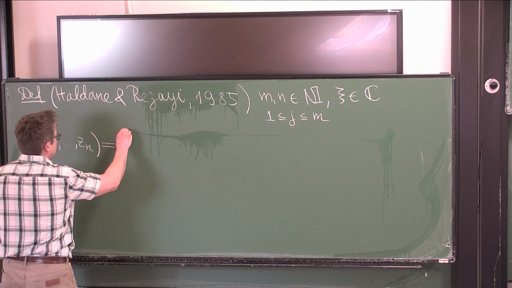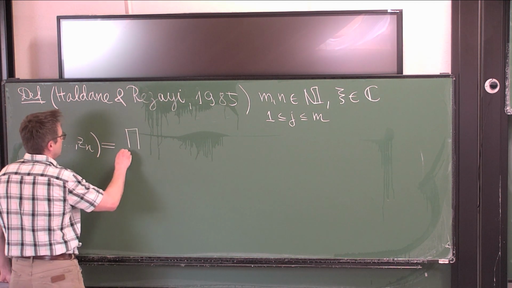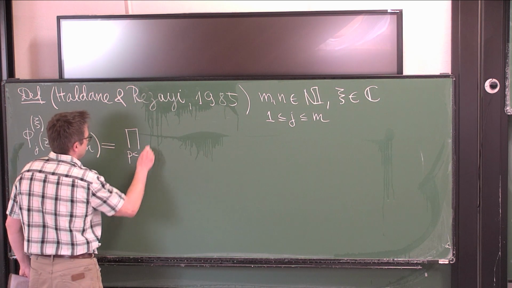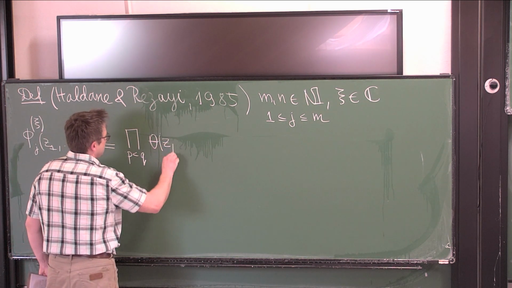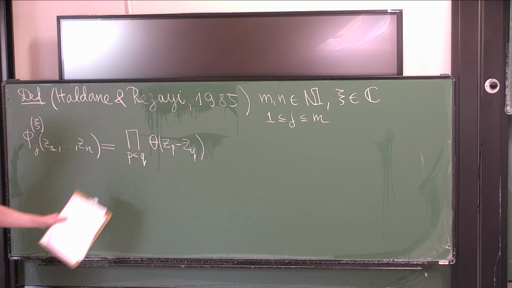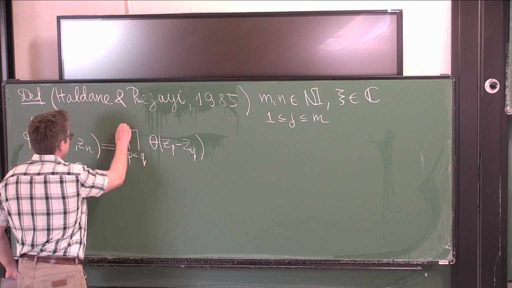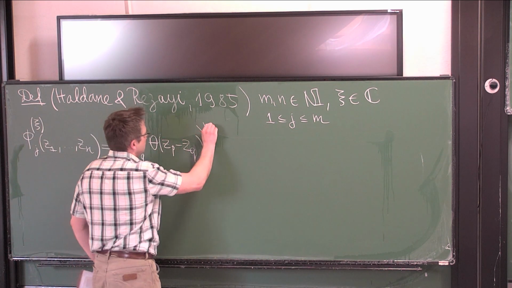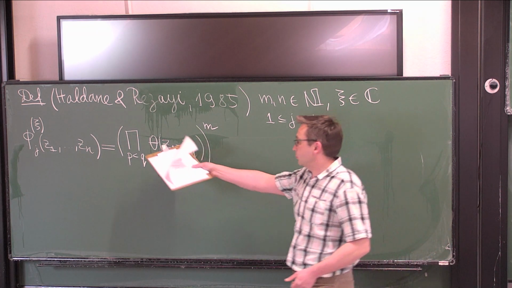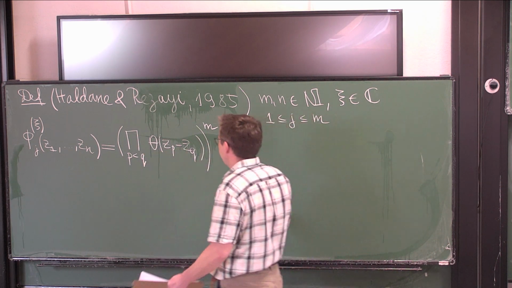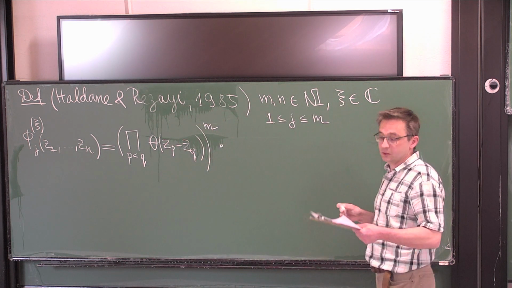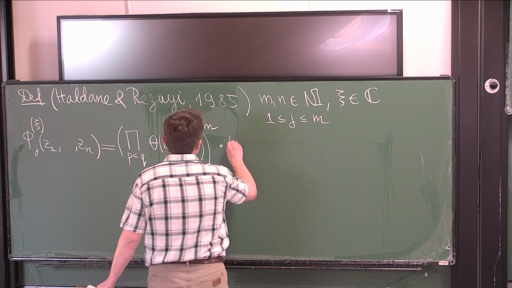There is one term which is a product over all pairs p smaller than q of my theta functions, with z to the power m. So far there is no dependence on xi here, and on j as well.